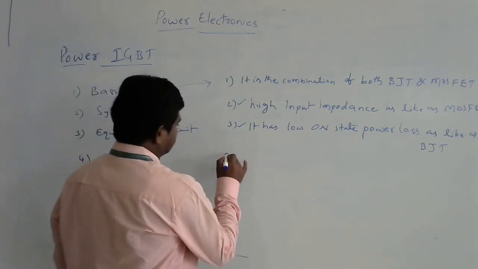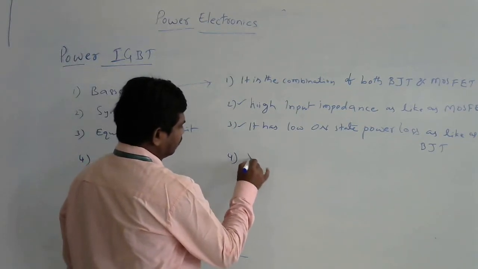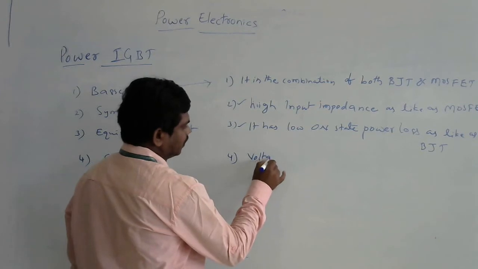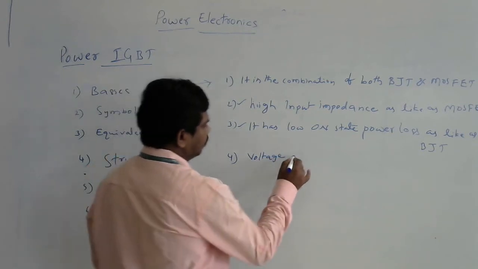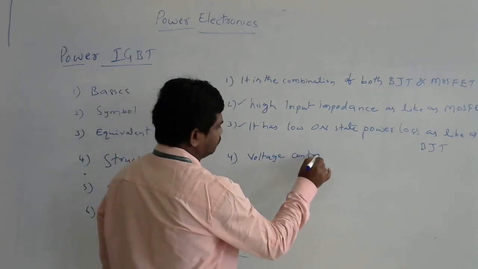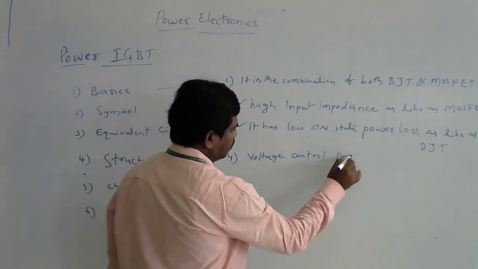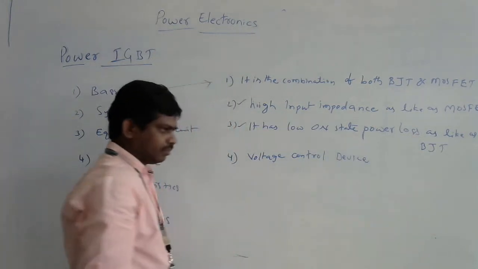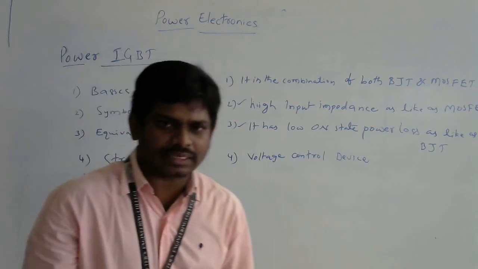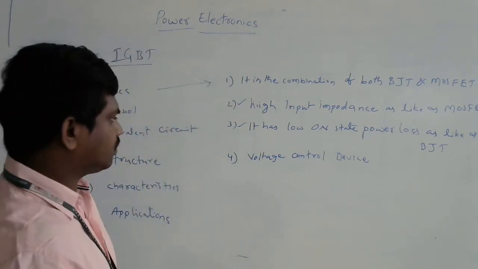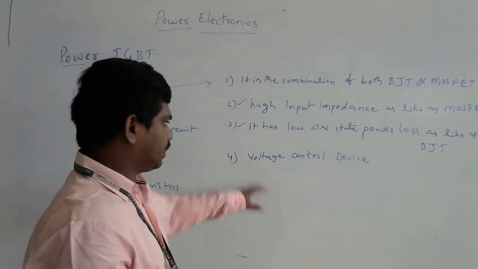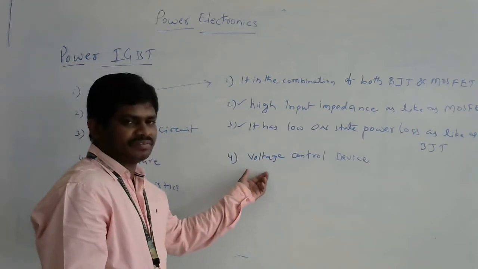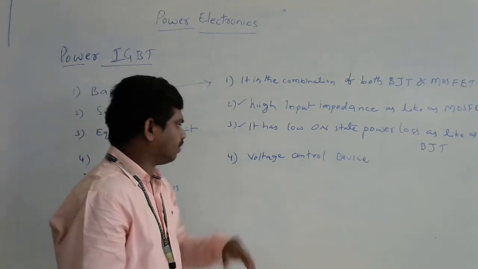The fourth point is, it is a voltage control device, because the output collector current purely depends on the variation of the input voltage. That's why we are calling this device a voltage control device.